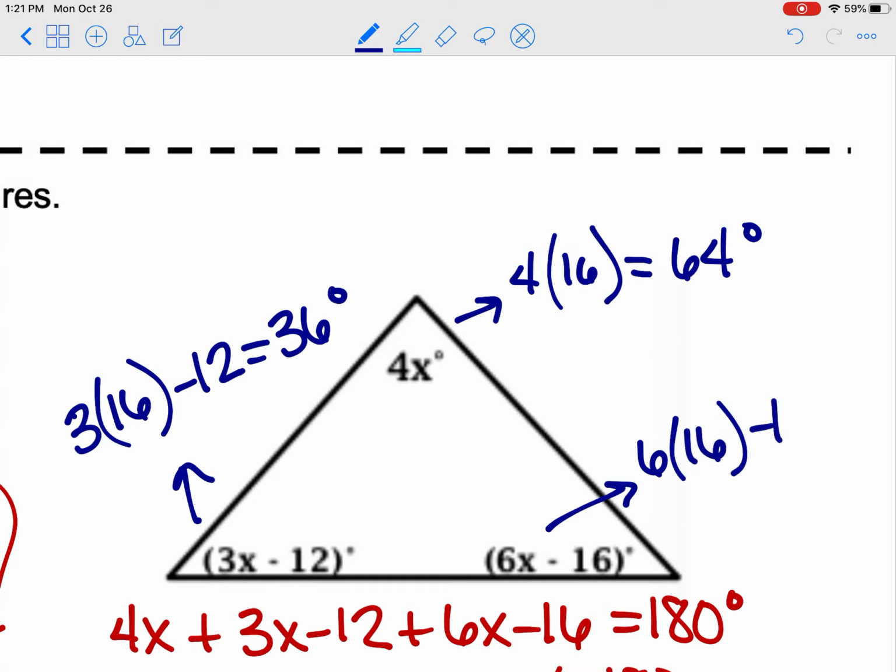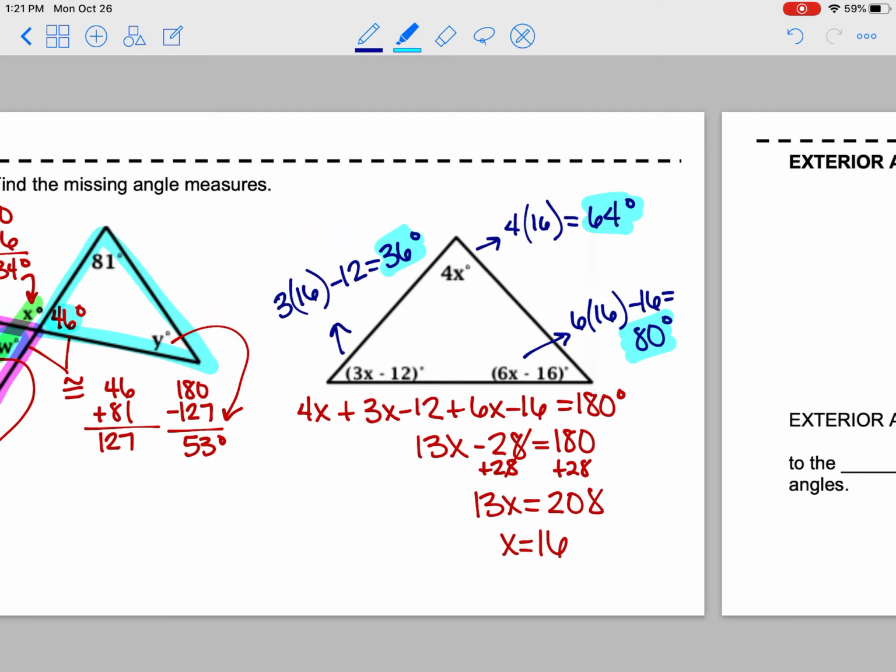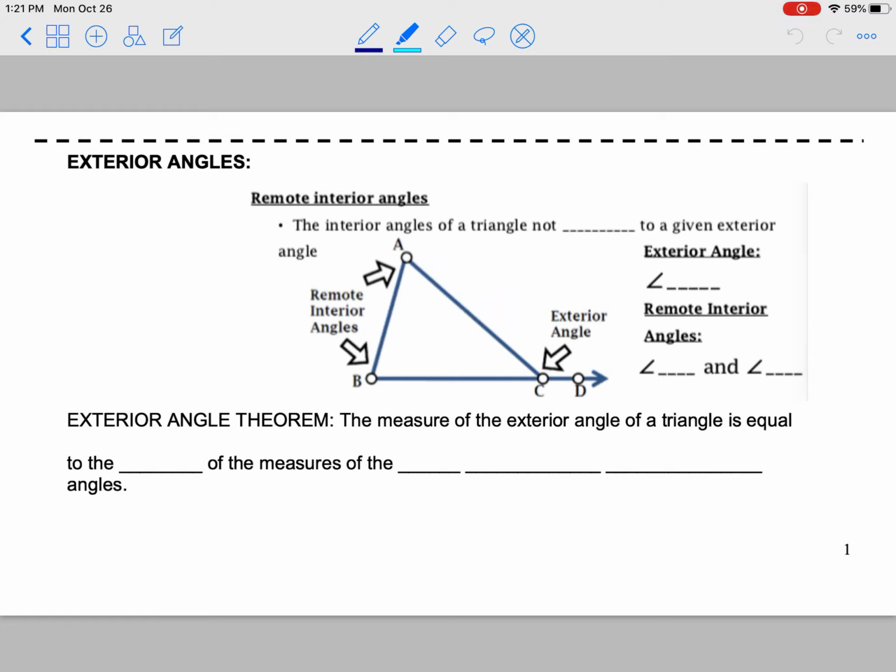And our last one, 6 times 16 minus 16, equals 80 degrees. If we wanted to check, we could add all three of these angles together, and it will add up to 180 degrees. So that's your interior angles. They'll always add up to 180.